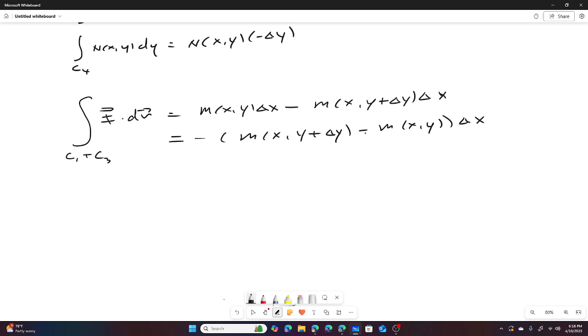This looks very much like the definition of a derivative, or a partial derivative. It seems like a partial of m with respect to y.